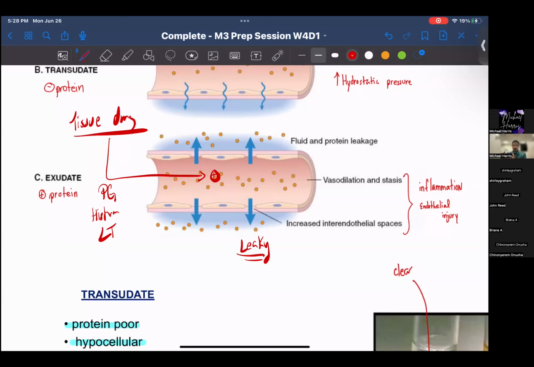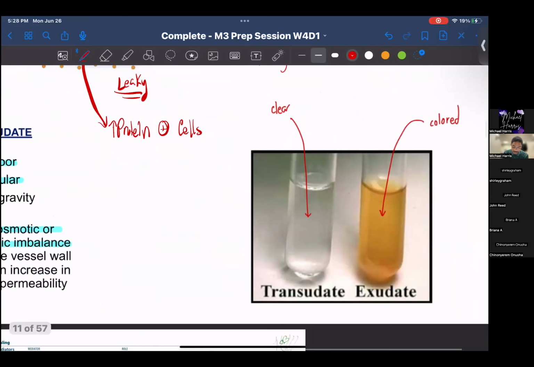Okay, great. So as a result, you get things like high protein. You get things like cells inside the tissue fluid. And it presents like this.